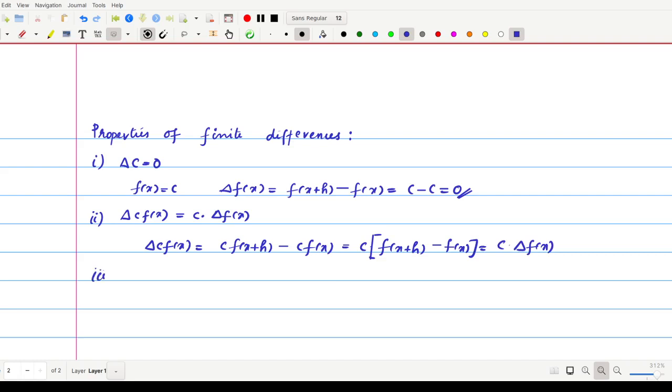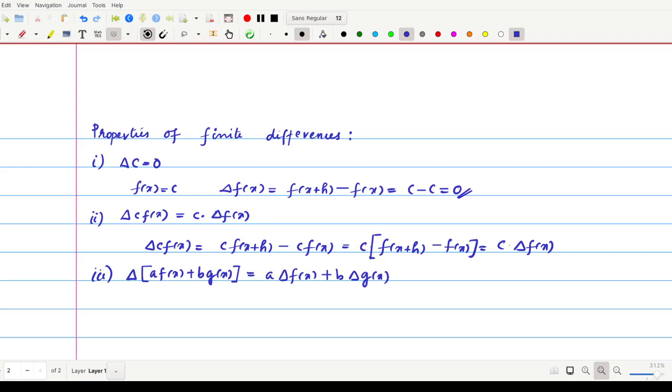And the third property is that this can be extended to two functions. That is, if we have delta of a times f of x plus b times g of x, then this will be a times delta f of x plus b times delta g of x.